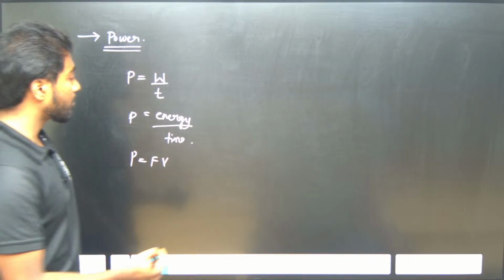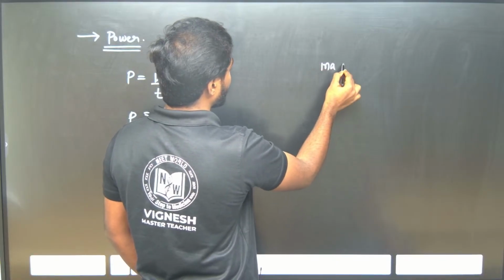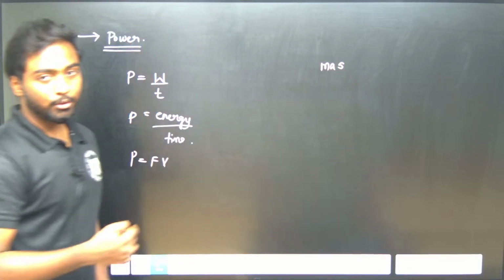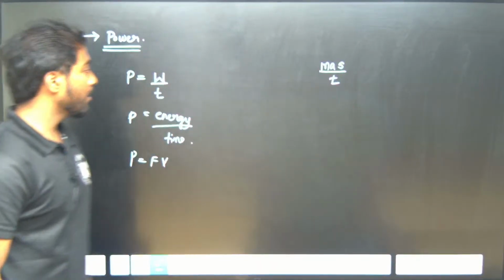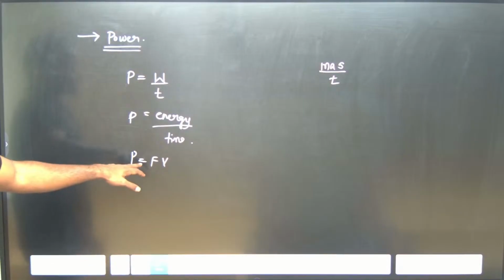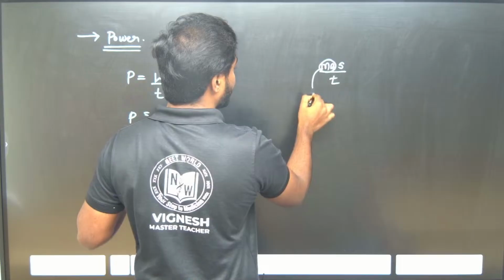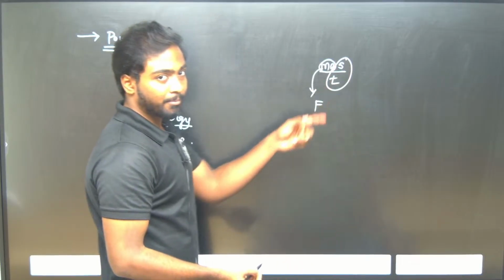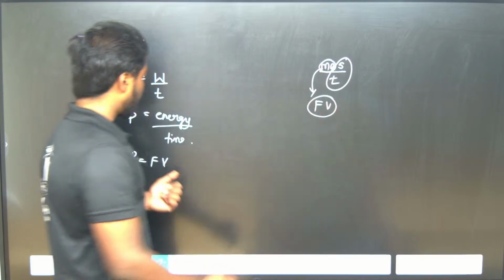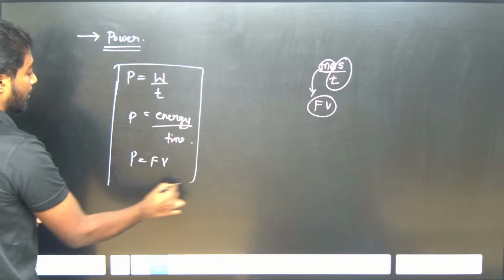How we got that: work done is mass into acceleration into displacement, force into displacement, divided by time. Force is mass into acceleration, s by t is displacement by time, which is velocity. So force into velocity is another formula. These are the formulas for power.